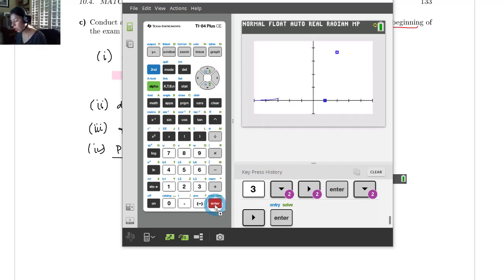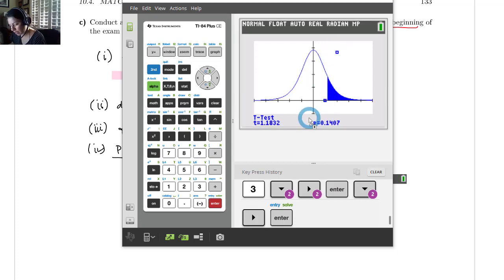So it's drawing the normal curve, shading in that p-value. And don't mind the dots. Those are from the scatter plot that we just did. So let me go ahead and put that in.